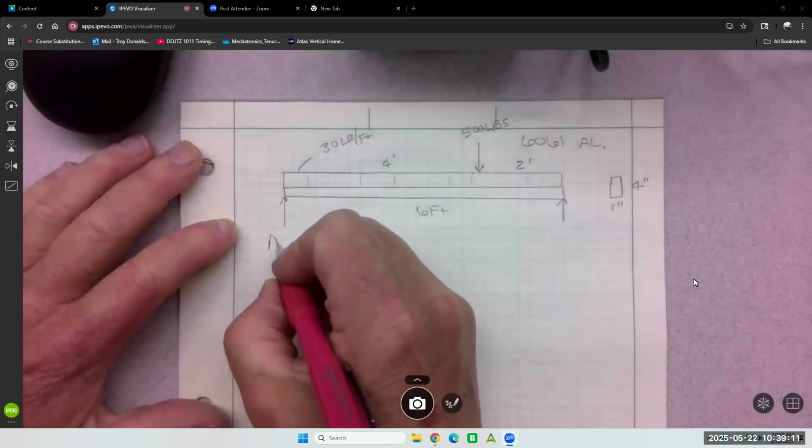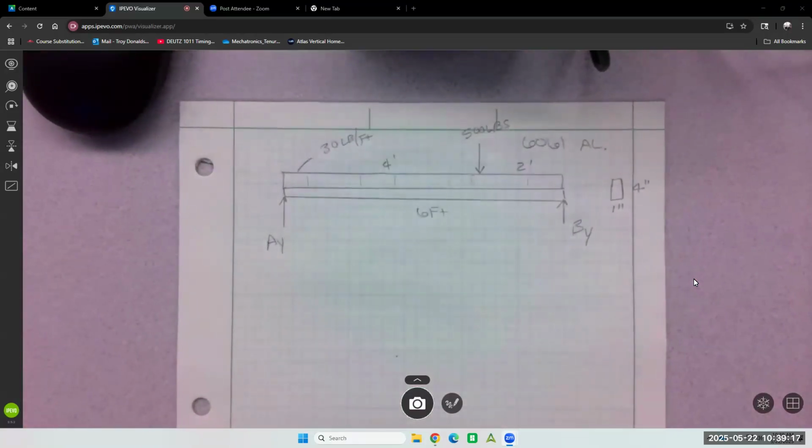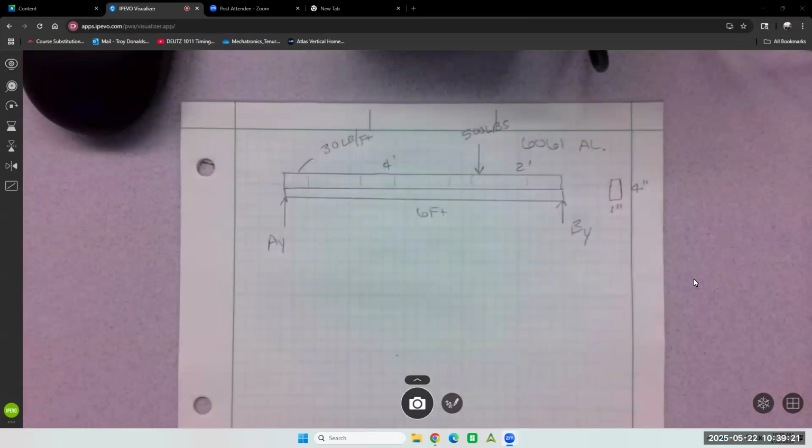We got AY and BY. 500 pound, yeah, we could be overstressing this, so good.